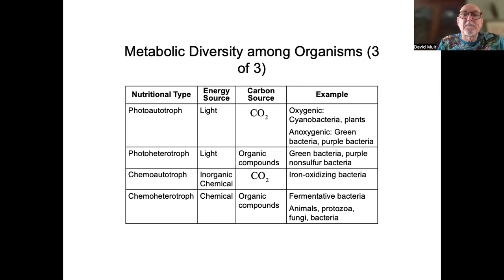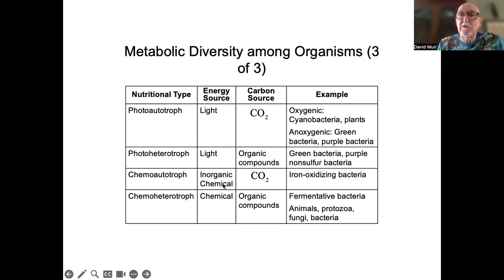Chemoautotrophs are those which use some inorganic chemical like H2S, ammonia, there are all sorts of other compounds which can be utilized as a source of energy. And that is done by the chemoautotrophs. They're autotrophic, so they still utilize carbon dioxide as their source of carbon.